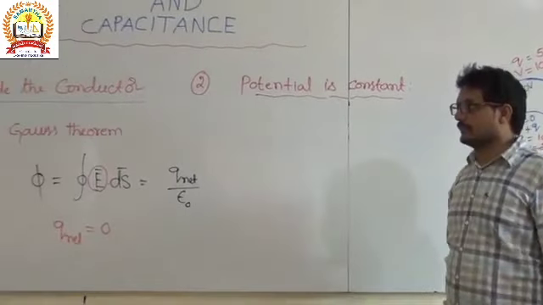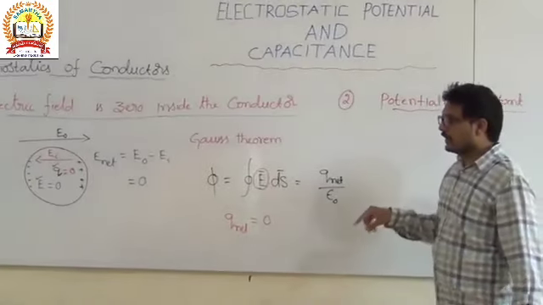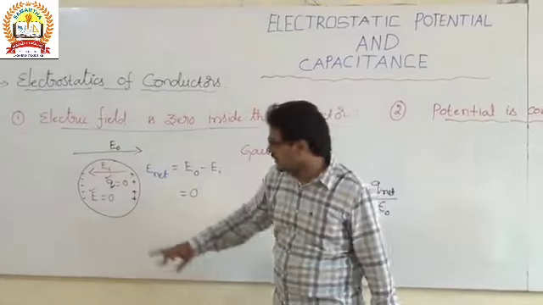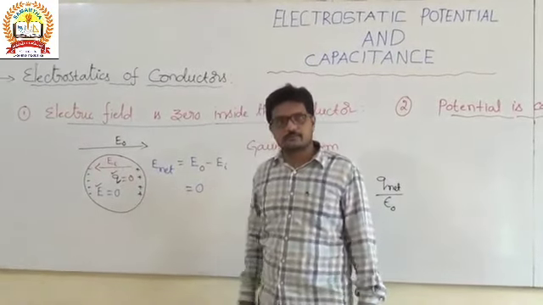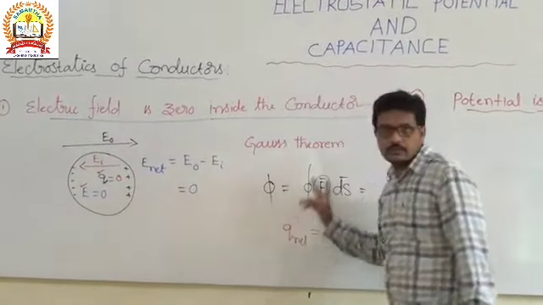From the first concept, we know that the electric field is zero inside the conductor. Now we want to know the potential.